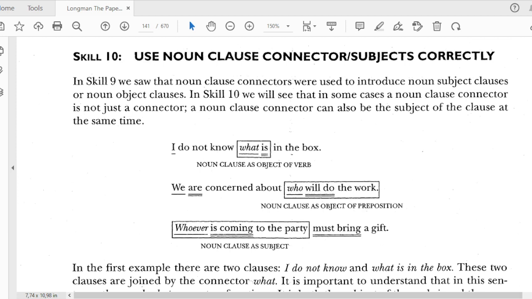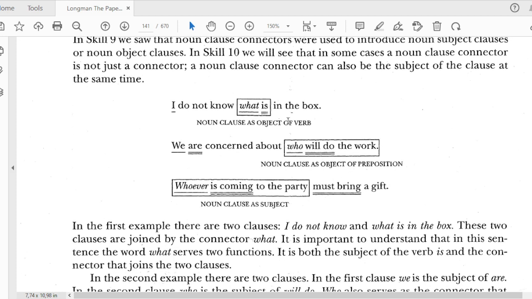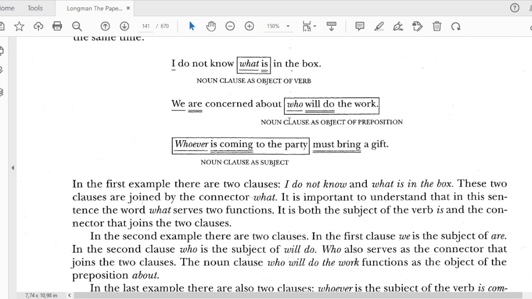Moving to the last topic, skill number 10. Use noun clause connectors as subjects correctly. In skill 9, we saw that noun clause connectors were used to introduce noun subject clauses or noun object clauses. In skill 10, we will see that in some cases a noun clause connector is not just a connector. A noun clause connector can also be the subject of the clause at the same time.